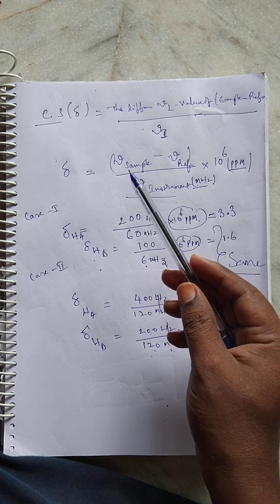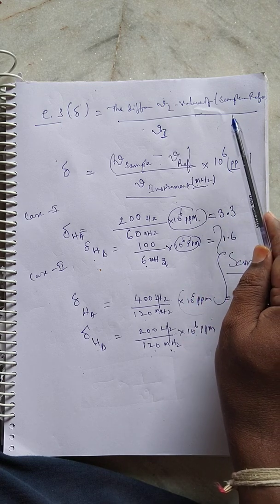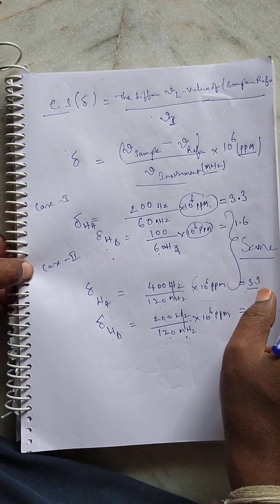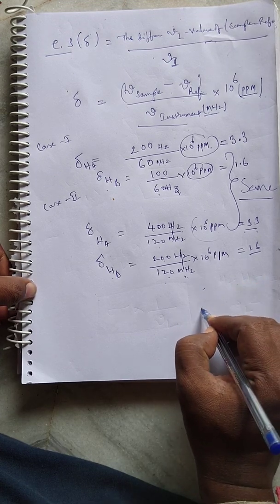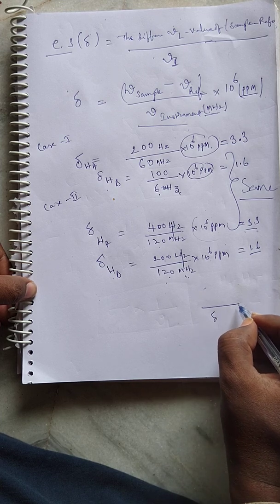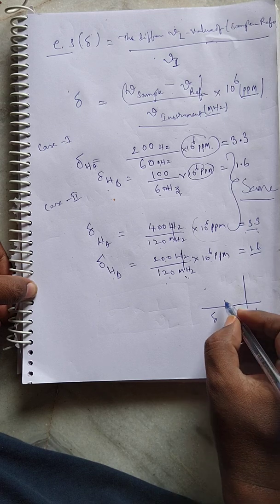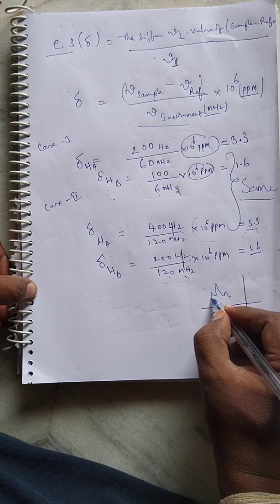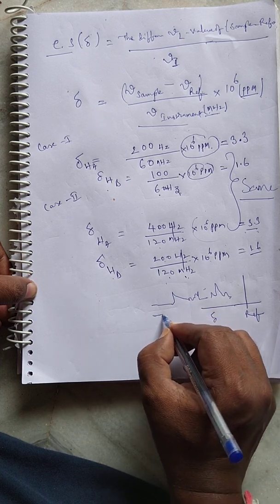So chemical shift is the difference between Larmor frequency values of sample and reference. Or in other words, as I said, in the graph of NMR spectroscopy, you find these delta values along x, right? Here reference will be there and sample, so the sample should be like this. These are all the graphs of samples, right?